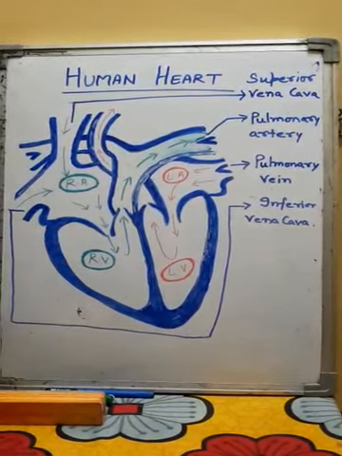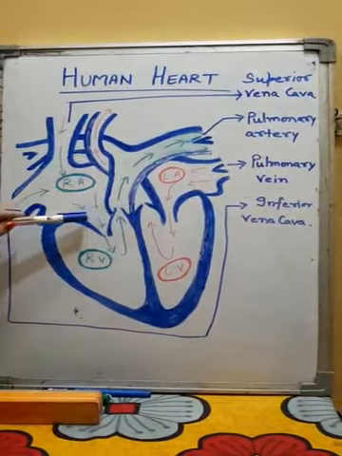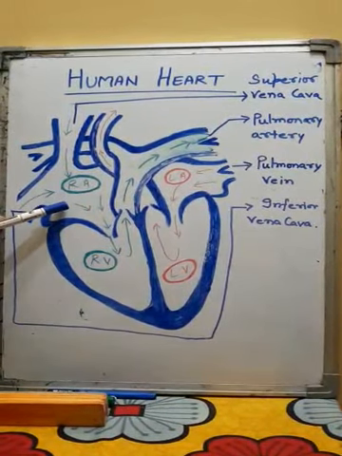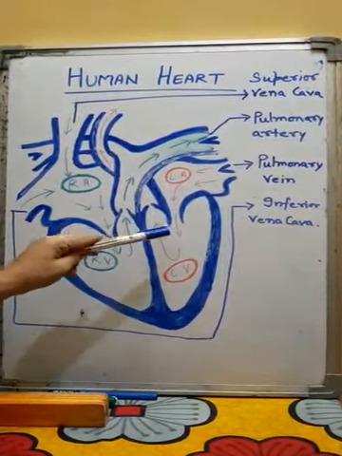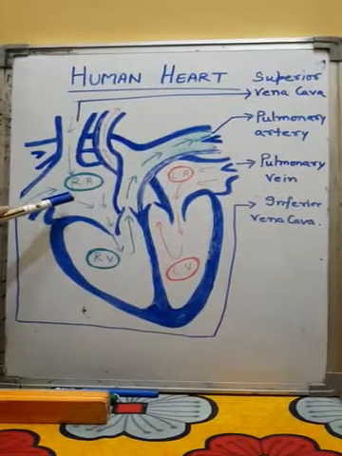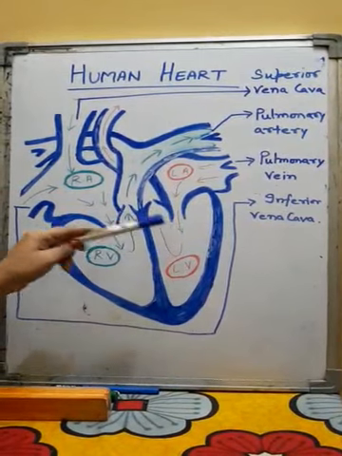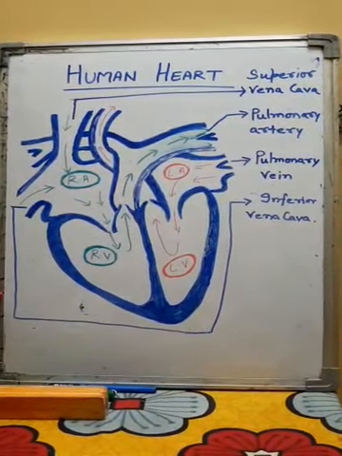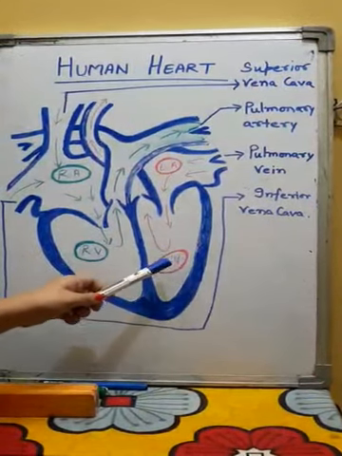In the same manner, an auriculoventricular septum separates auricles from ventricles. So in this way, the heart is divided into four different chambers: right auricle, right ventricle, left auricle and left ventricle. The left ventricle is larger and more thick-walled.